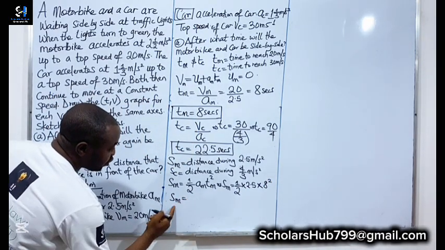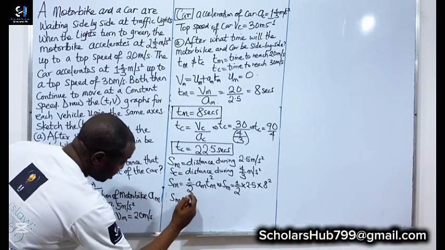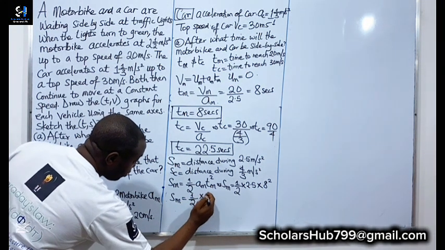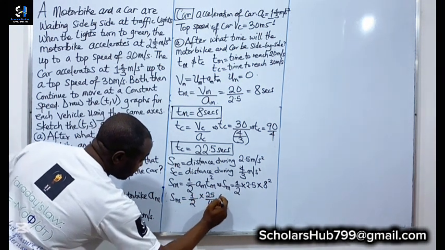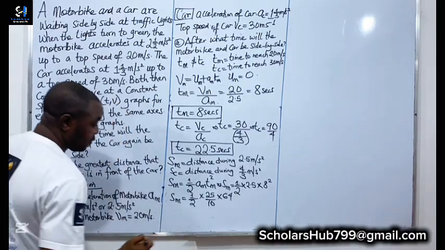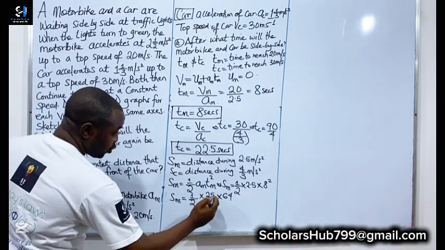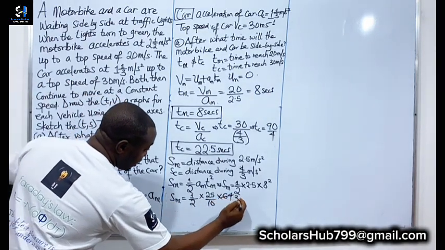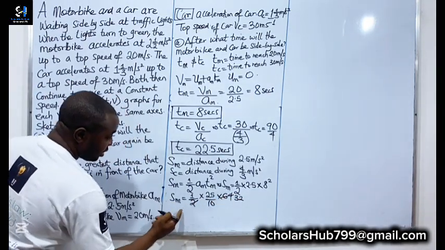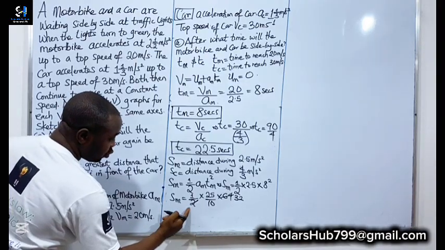So Sm is the same thing as 1 over 2 multiplied by 25 over 10 multiplied by 64. Half of 64 is 32.